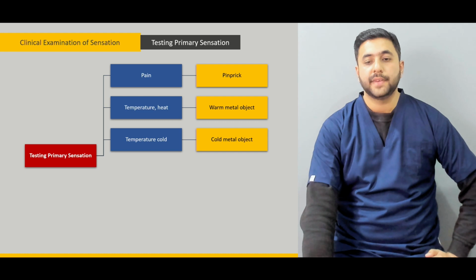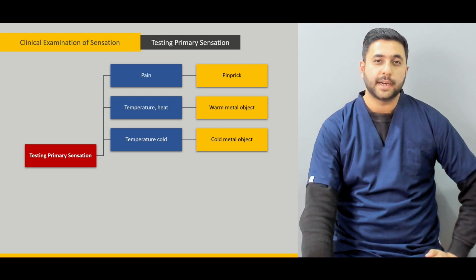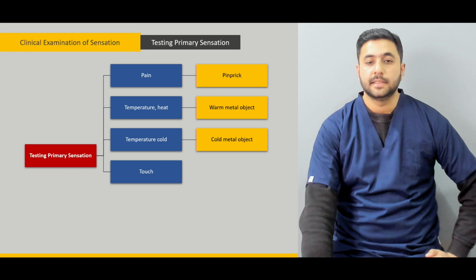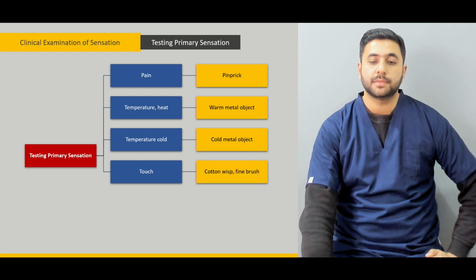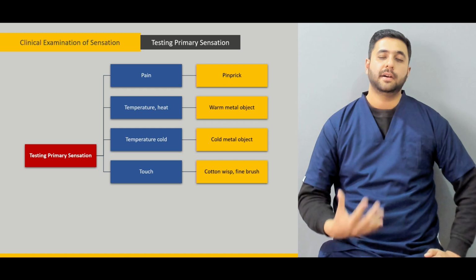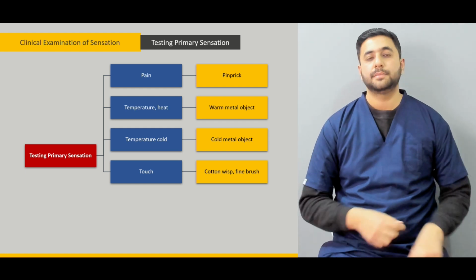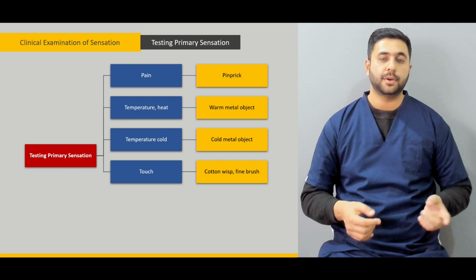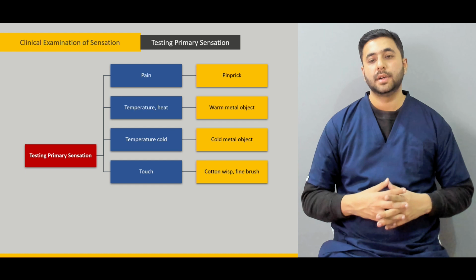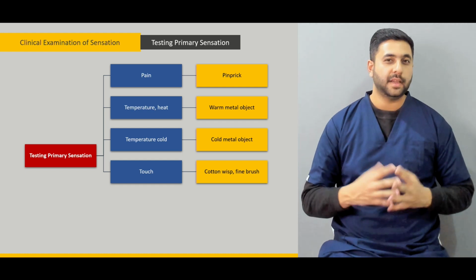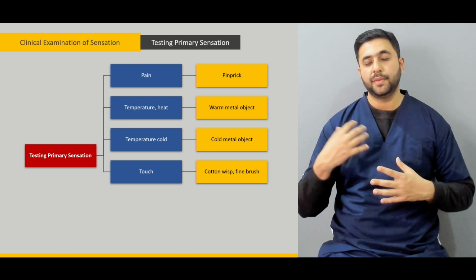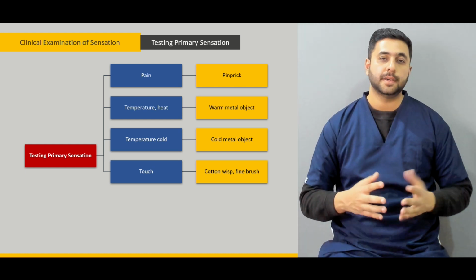For the cold, we can use a metal object which is slightly cold, and this helps us in identifying whether the cold sensations are intact or the heat sensations are intact. Similarly, for touch sensations, we use a cotton wisp or a fine brush. Asking the patient to close his eyes, we rub a cotton wisp on the patient's skin and then ask him to tell us where he is feeling the sensations, comparing both sides and moving it over the various parts of the area affected.